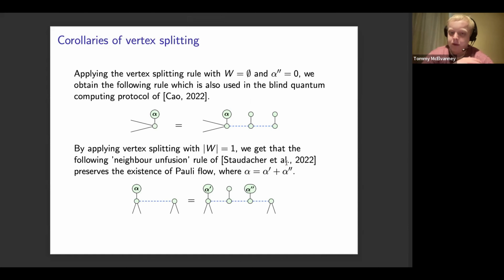And so the diagram on the left, before we've done any neighbor unfusions, will have a gflow. Then I was thinking, okay, if we find a gflow there, track all of the changes to correction sets from applications of these rules, and you'd have a Pauli flow, and you can track how the Pauli flow changes, and then you wouldn't need to run the finding algorithm. But this just didn't get a speed up.